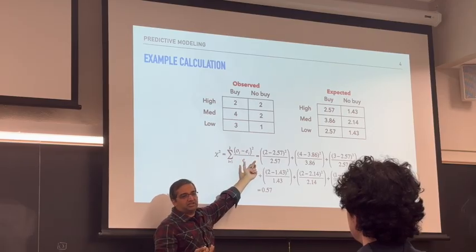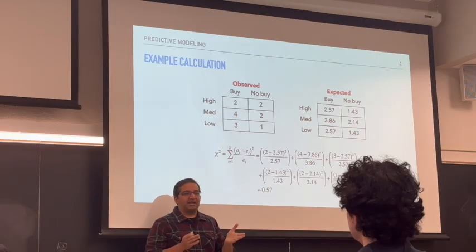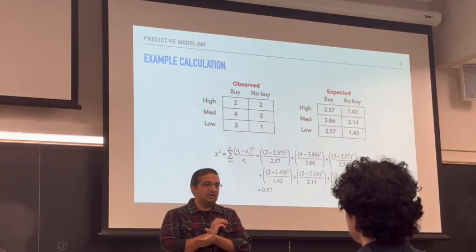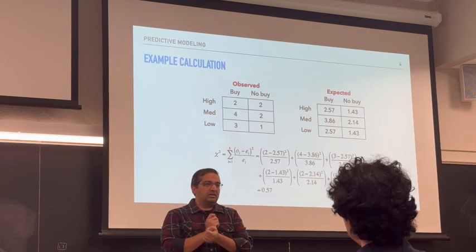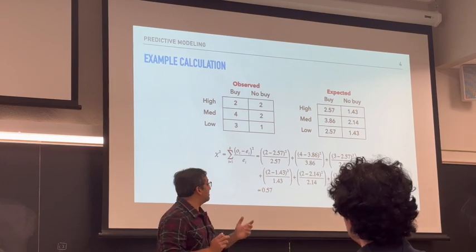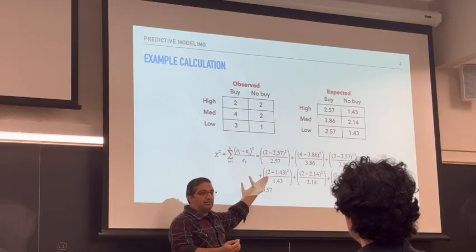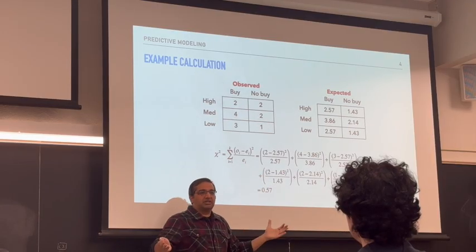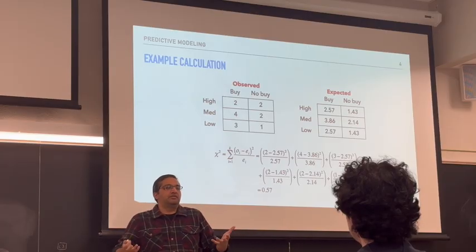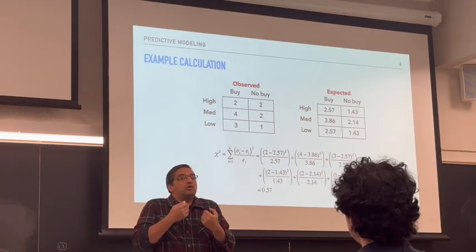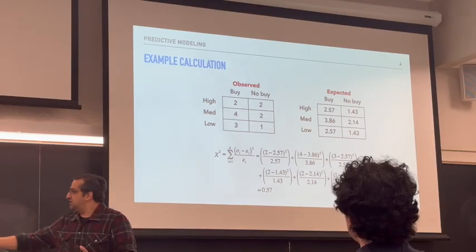The larger this difference is, the more the expected value and the actual value are mismatching, and you can reject the null hypothesis, which is that they are independent. If there is a larger discrepancy between the expected value under independence and the actual value, that means the assumption of independence is not likely to be true. How unlikely it is to be true is this tail mass.